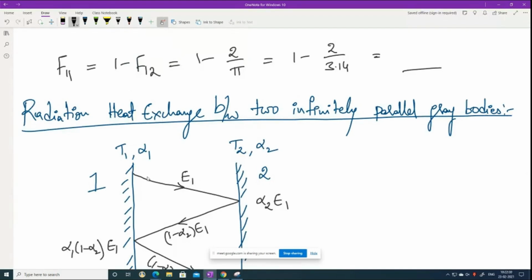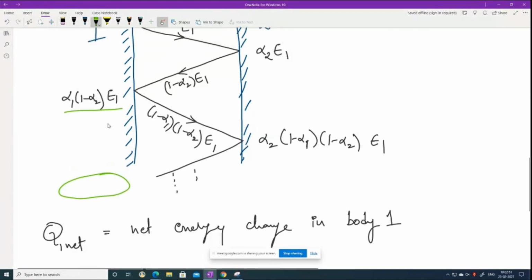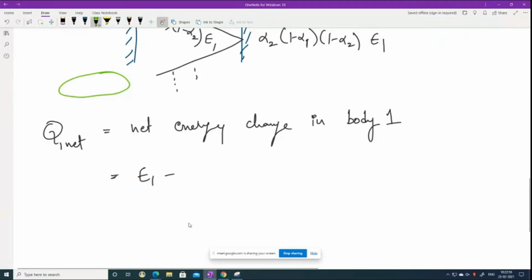The remaining things are absorbed at various levels. So whatever is coming out of it is E1, whatever is coming in is the remaining parts that I'm going to write here. That's the net energy change, the energy conservation meaning.